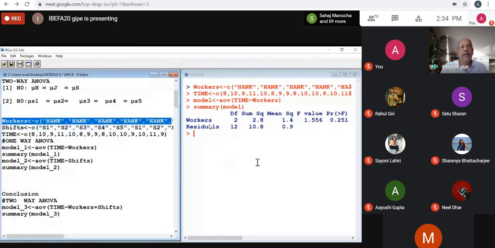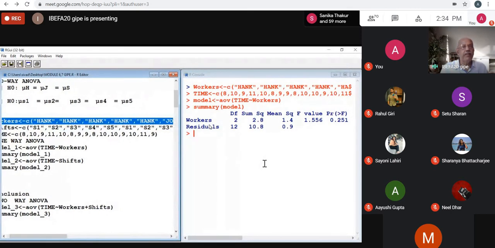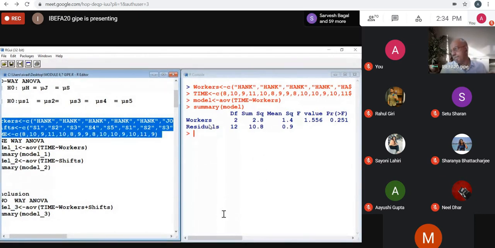Average time of workers and average time for shift. So two string data and one numeric. Independently, you work. Together, you can work.